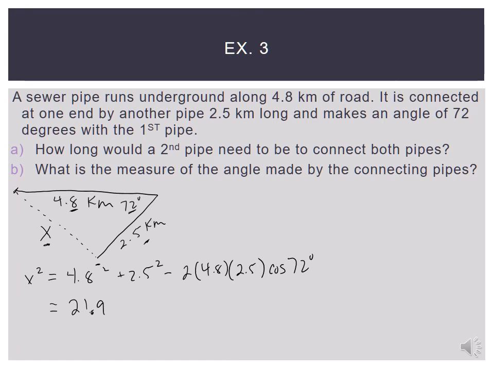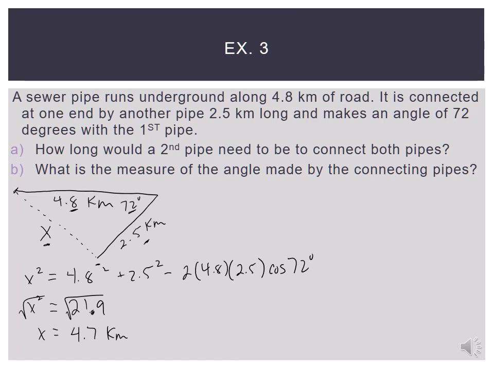And remember, that is not the length of the pipe. That's x squared, and to get rid of a squared, you got to square root. So if we square root 21.9, I get 4.7 kilometers when we round. So there's the answer to A.